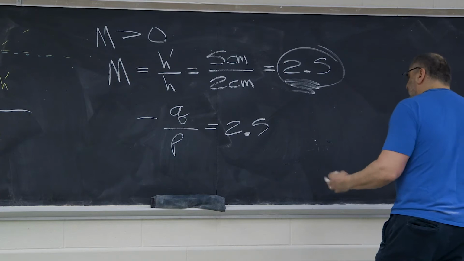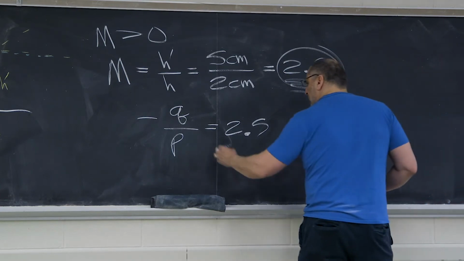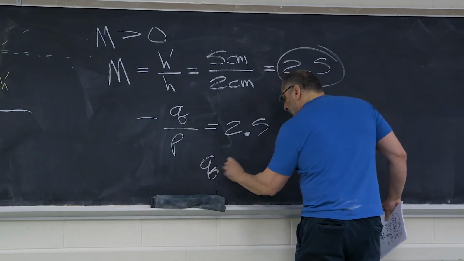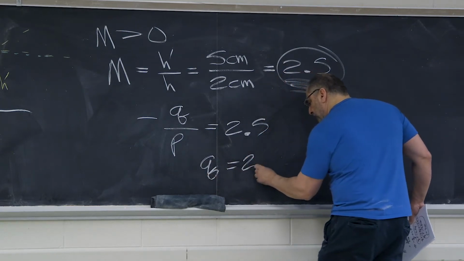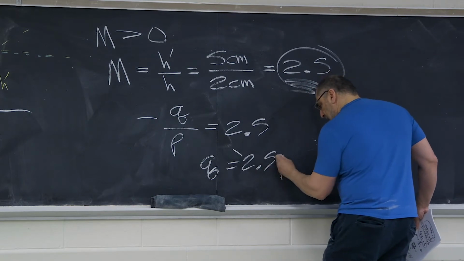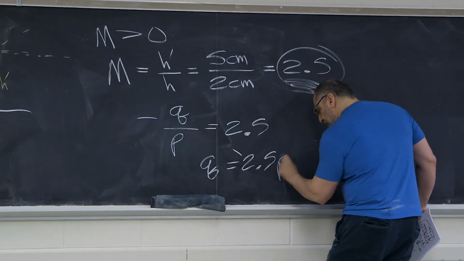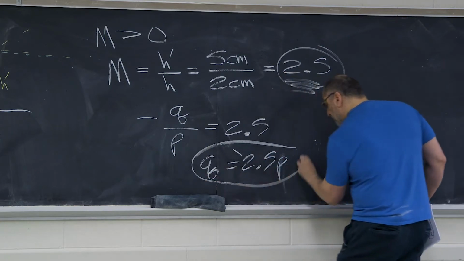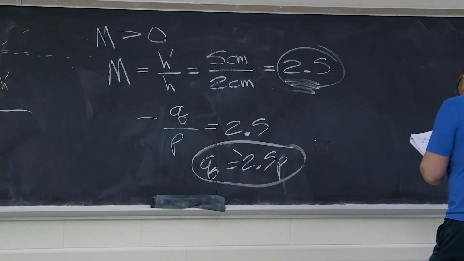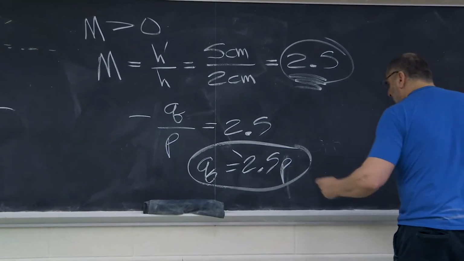So let's do some of the mathematics that we can do here. Let me multiply by -1 on each side and also multiply by p on each side. And the image distance will be -2.5 times p. So you've got that. What does that mean?